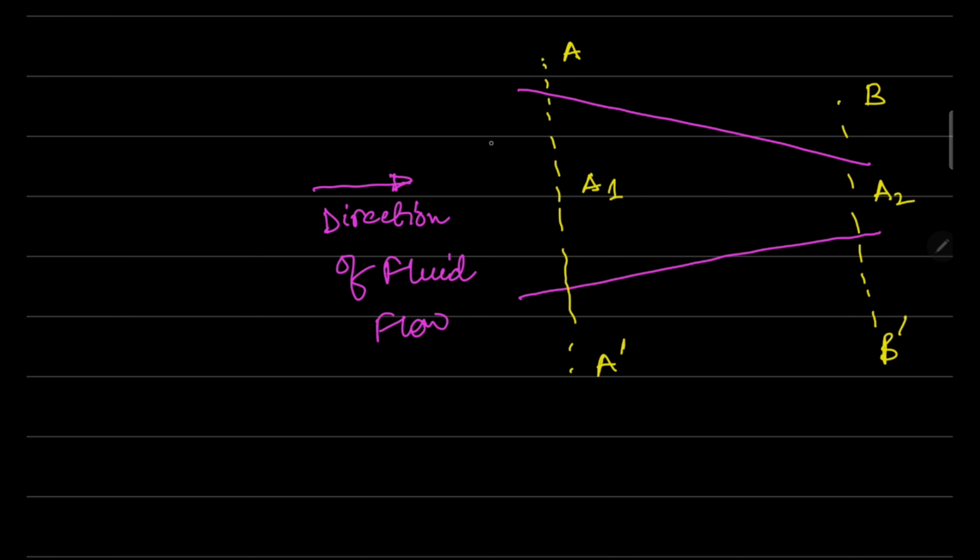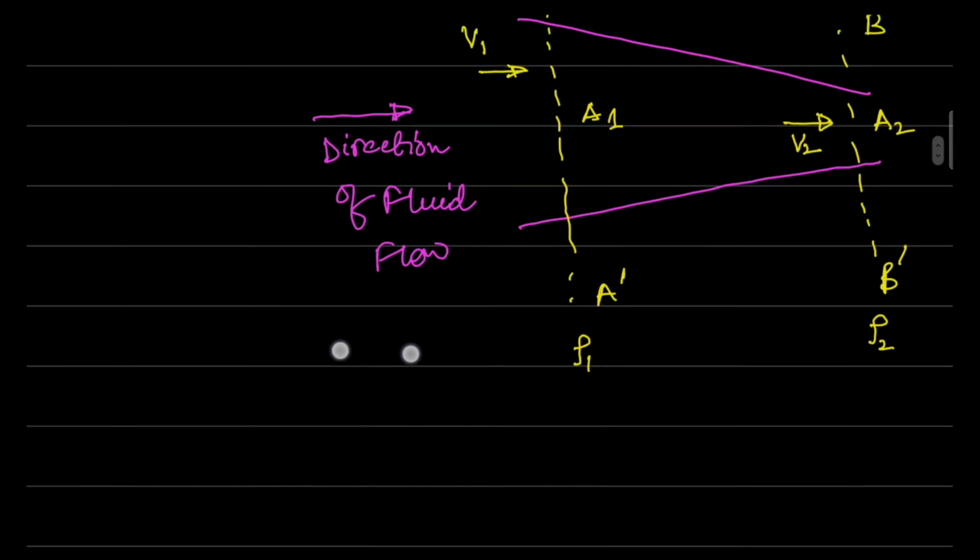We are assuming that the velocity of flow at this location is V1 and velocity of flow at this location is V2. Now, another important thing we are considering is that the density of the fluid at this section is ρ1 and the density of fluid at this section is ρ2.